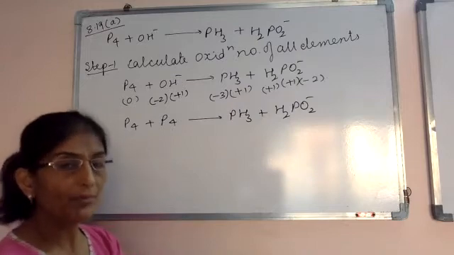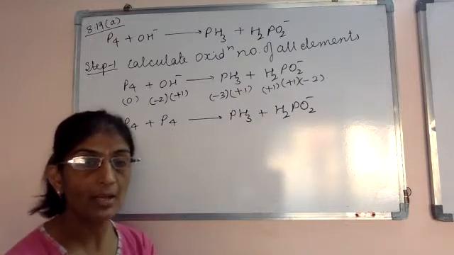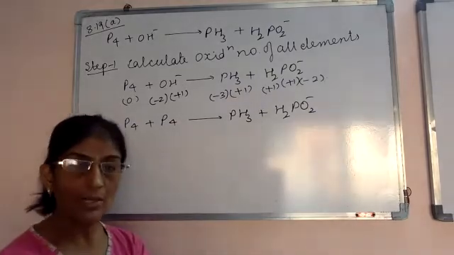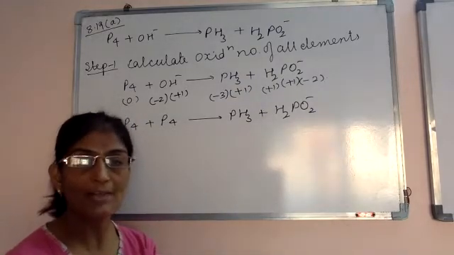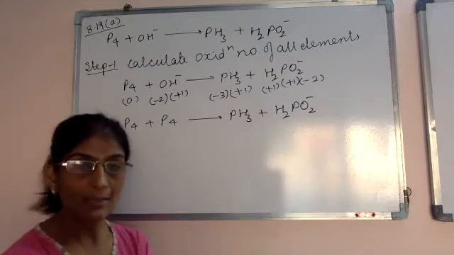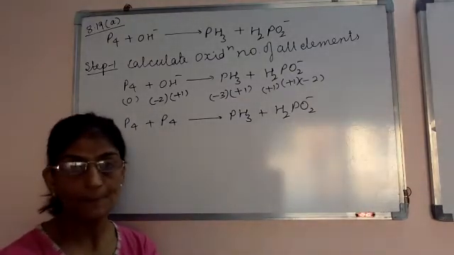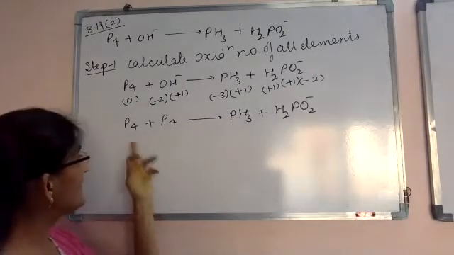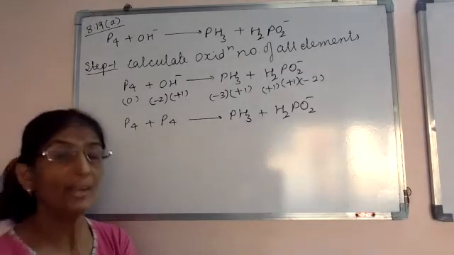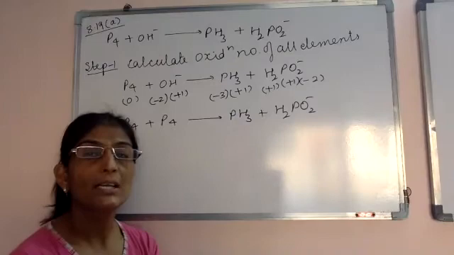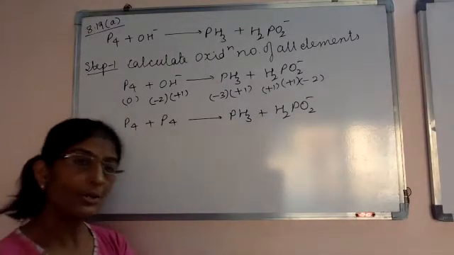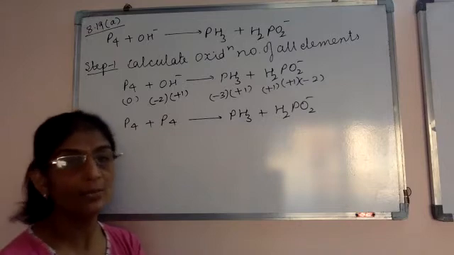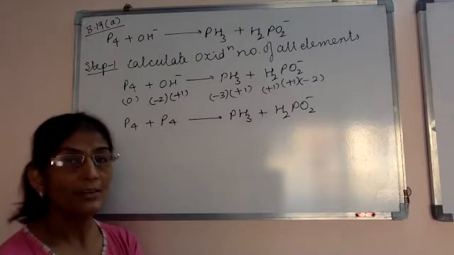But if instead of P4 we write H2O or some other phosphorus compound like H3PO4, then we are doing it wrong, because we cannot add or subtract any reactant on our own. But the reactant is already there, so we can write it twice. Why are we writing it? Because it is a disproportionation redox reaction, and in that type of reaction only one substance gets oxidized and reduced, so we have to write it 2 times.